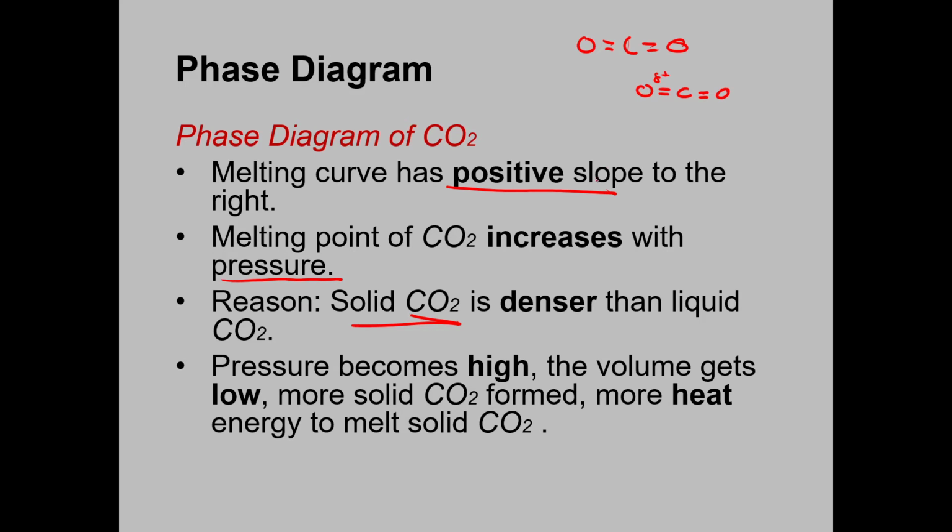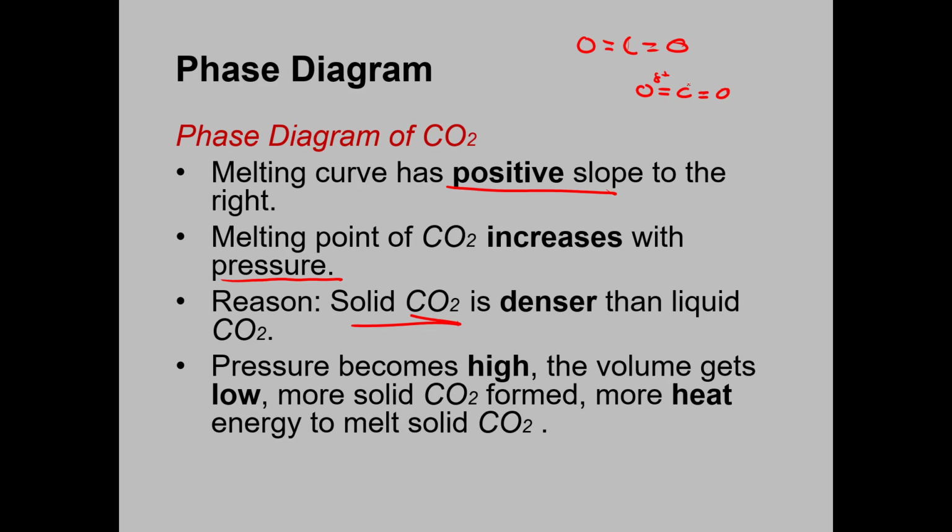Okay, so when pressure is high and the volume is low, more solid CO2 forms and more heat energy is needed to melt the solid. Okay, the harder we compress this together, the harder it is to turn into liquid, because those molecules are closer to each other. Makes sense.